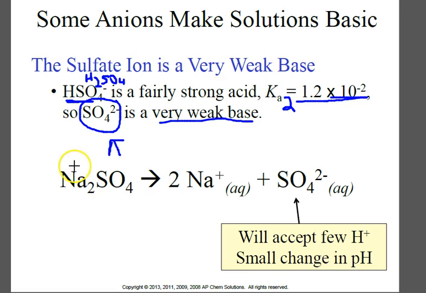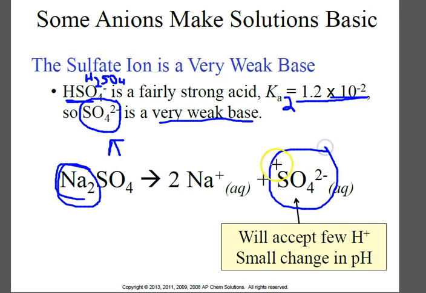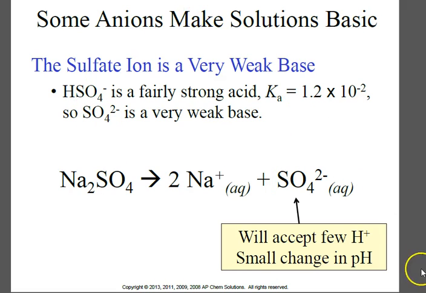If we have this salt, sodium sulfate, we know the sodium is a spectator, right? But the sulfate comes from a weak acid, HSO4 negative, not H2SO4, because we only gain and lose one hydrogen at a time. HSO4 negative is its conjugate, which is a weak acid, so sulfate could pick up a hydrogen to cause small changes in the pH.